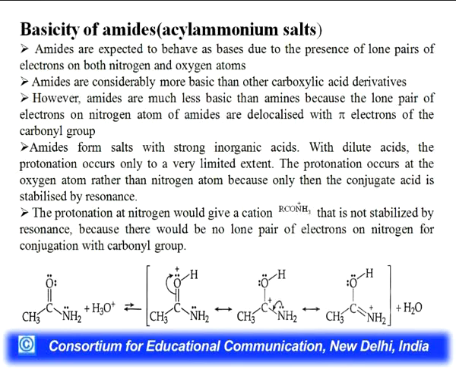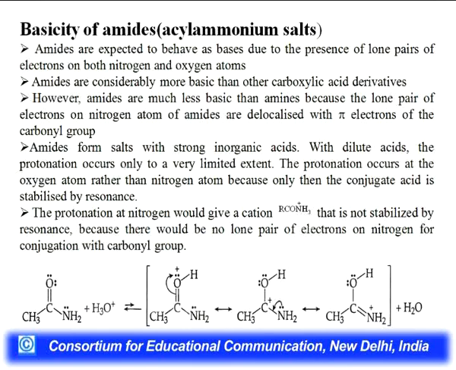With dilute acids, the protonation occurs only to a very limited extent. The protonation occurs at the oxygen atom rather than the nitrogen atom. Why? Because only then the conjugate acid is stabilized by the resonance.